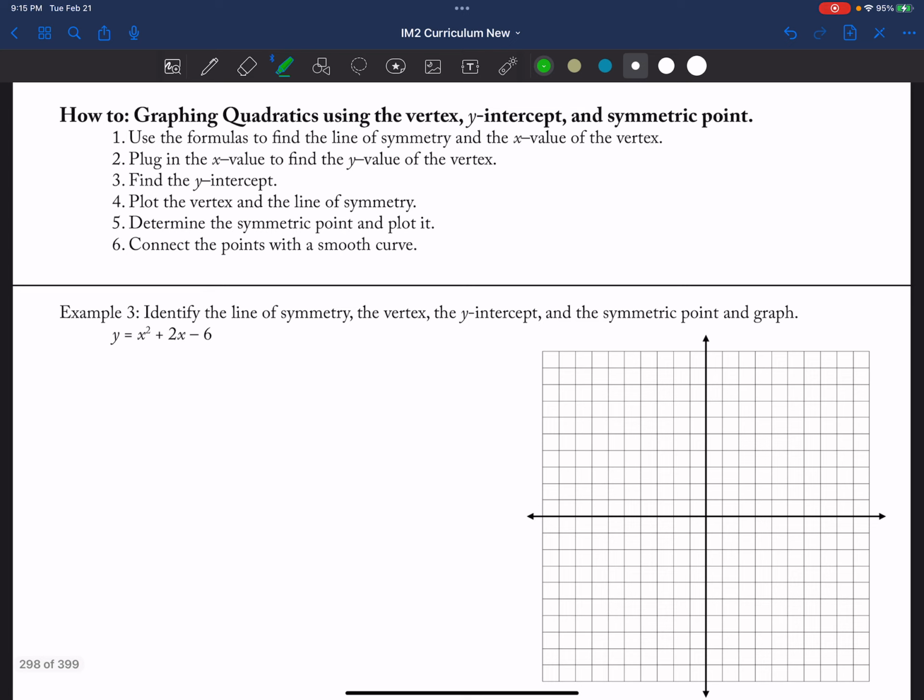Okay, so to find my axis of symmetry, I take x is equal to negative b over 2a.